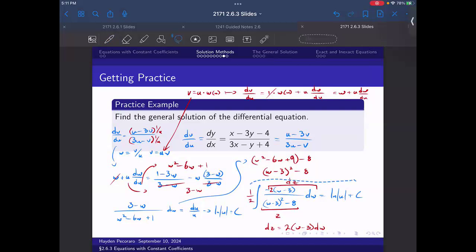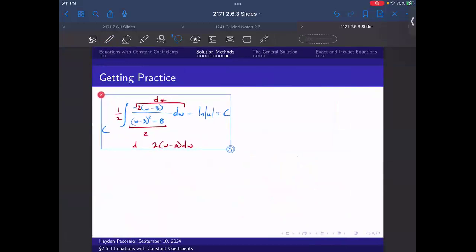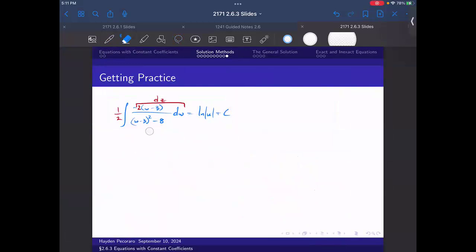So let's take that to the other page. All right, so there's all of that. And I actually don't want to erase all of that.